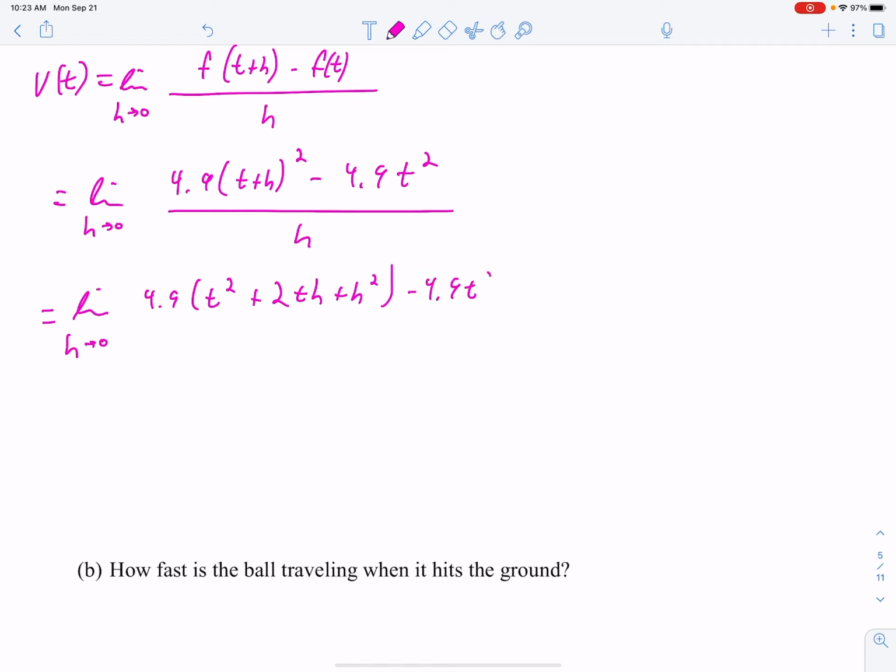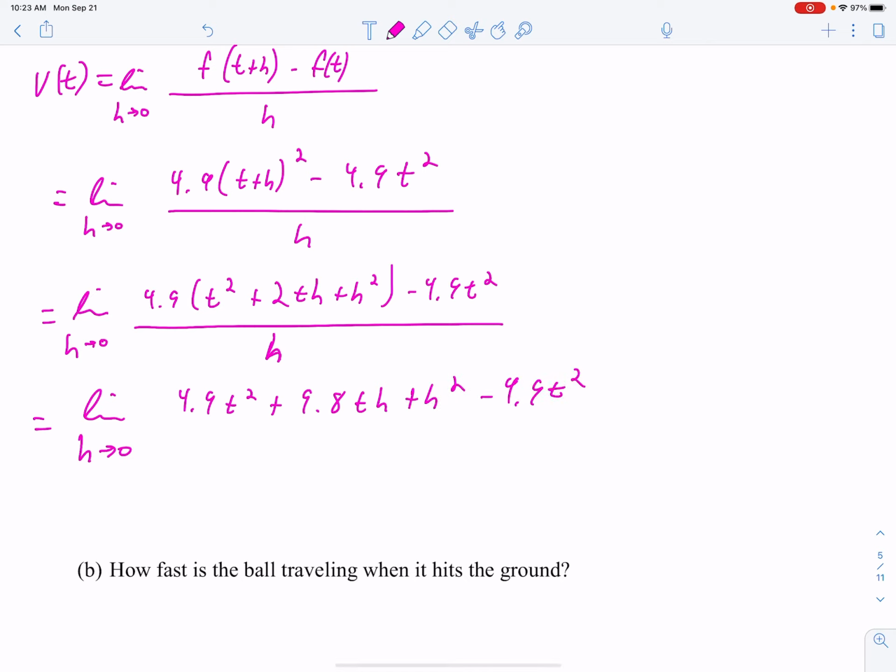I know it's a mess, but notice what's going to happen. We're distributing the 4.9, so we get 4.9 t squared plus 9.8 th plus 4.9 h squared, minus 4.9 t squared, all over h. Notice 4.9 t squared minus 4.9 t squared gives us 0.